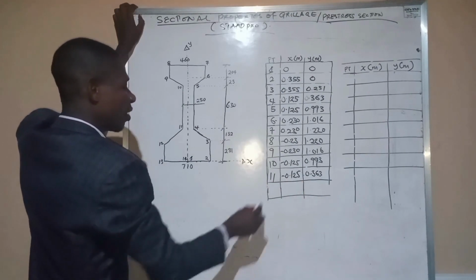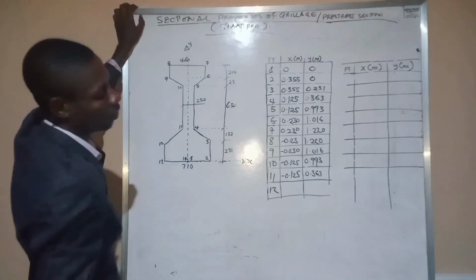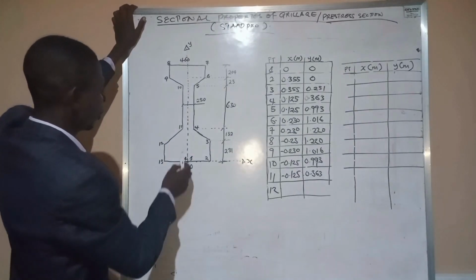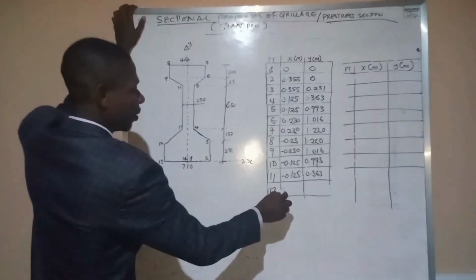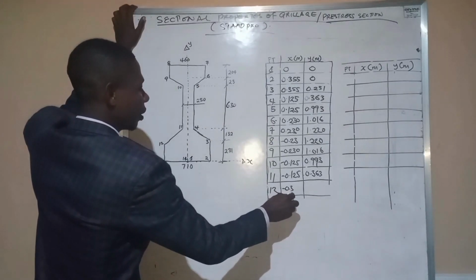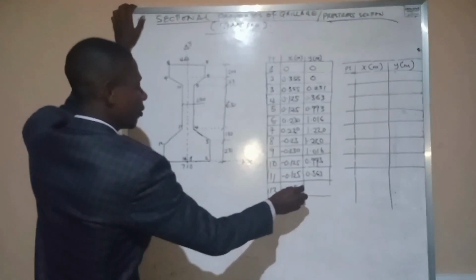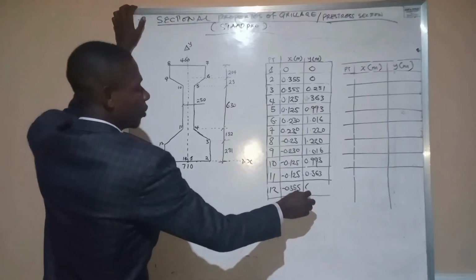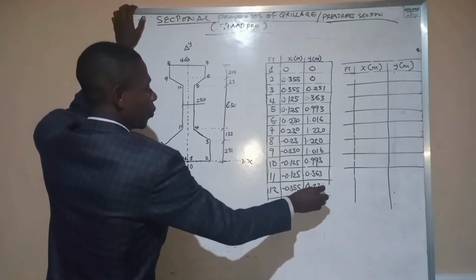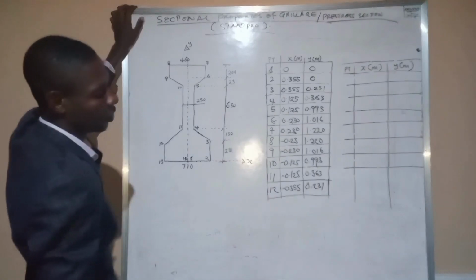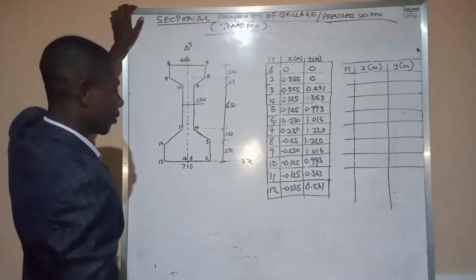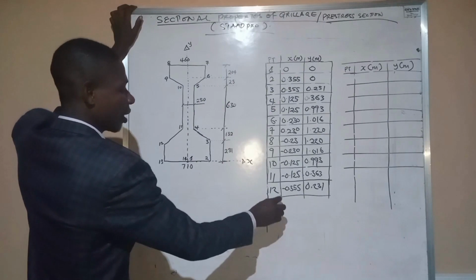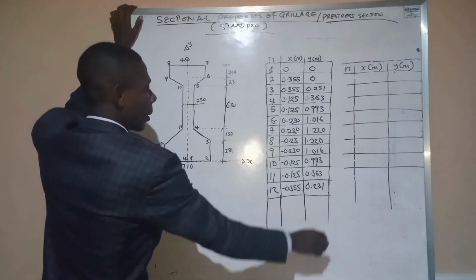Now we have point 12. Point 12 is going to be negative 0.355, and the y of it will be 0.231. All right, so this is what we have. Now we have point 13. Let's go down.